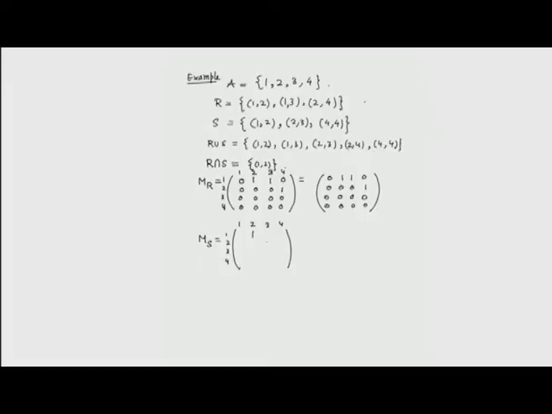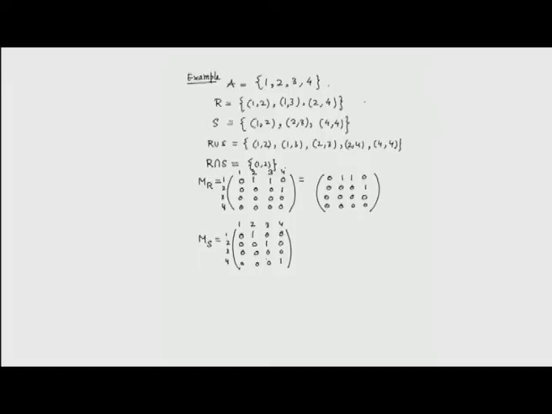So, I will put a 1 over here, and then I have 4 is related to 4. So, I put a 1 over here, rest of the entries are zeros. So, I will get something like this, and 3 is not related to anything, therefore, I will put all zeros over here. All right. So, I have got this one.